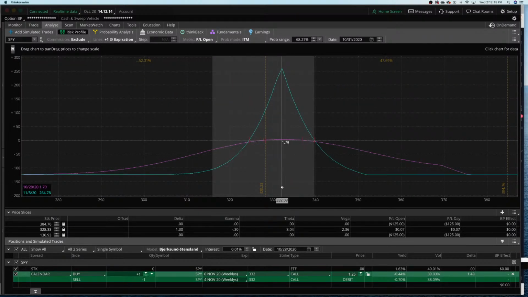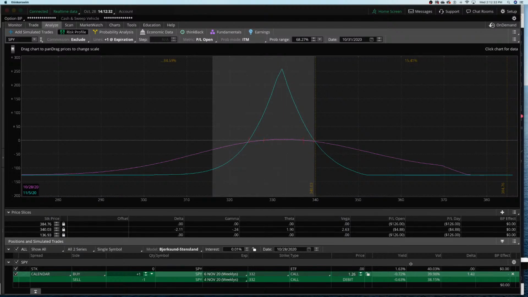There we go. All right, so here we have a calendar spread. And as long as price stays in between these break evens, and it's a fairly wide berth from 324 all the way up to 340, so 16 points within the next 2 days.